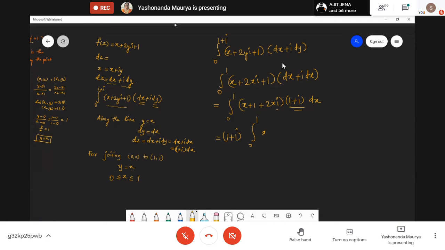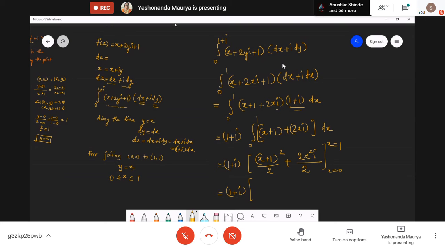Integration from 0 to 1 of this. What is the integration? x plus 1 whole square by 2, plus 2x square by 2 times i. Okay, and then we'll substitute the limits for x.